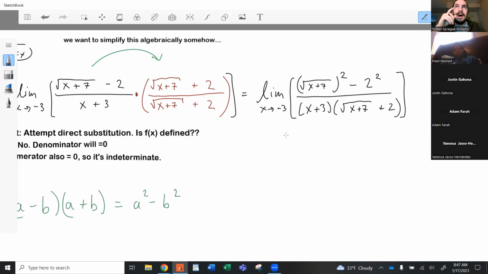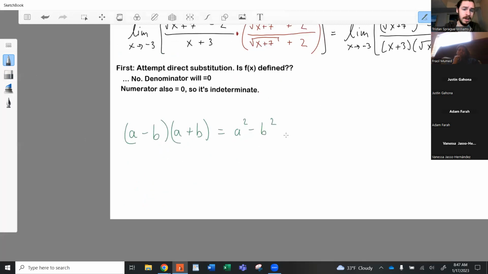By the way, for anybody who doesn't remember this vocabulary, I just corrected the word term to factor, and the difference between terms and factors is that terms are things you add together. Factors are things you multiply together.